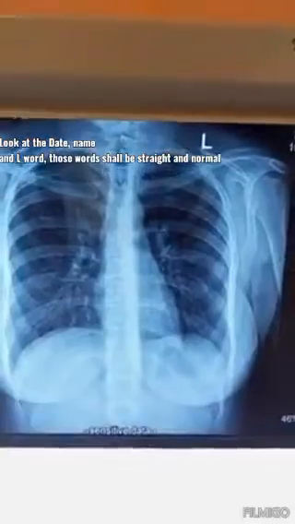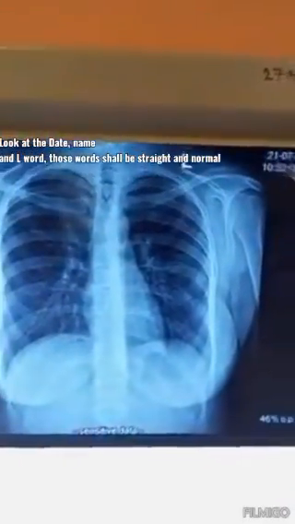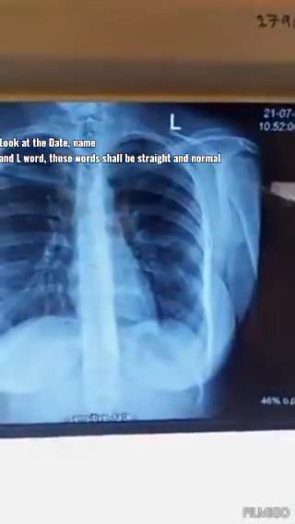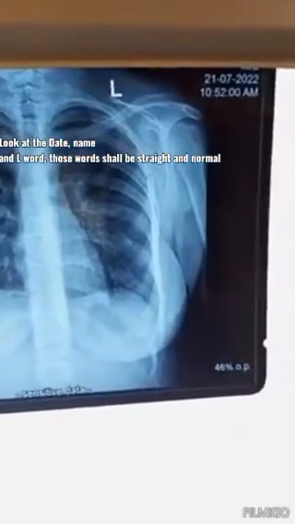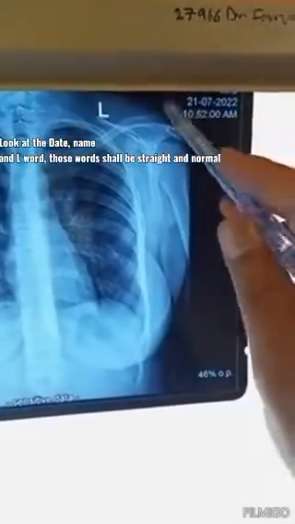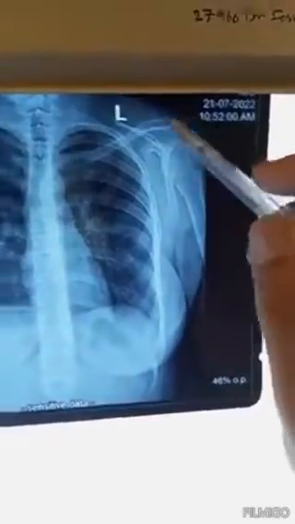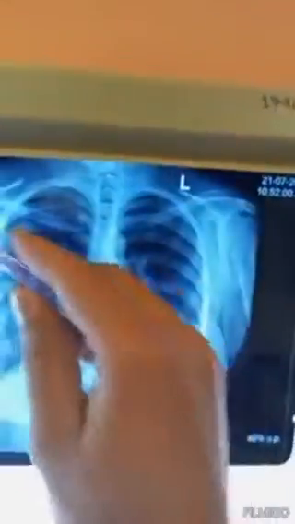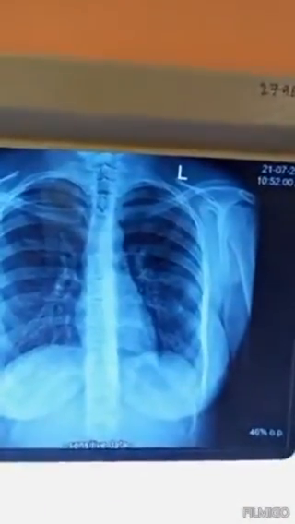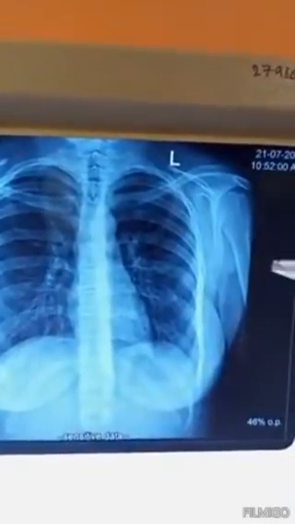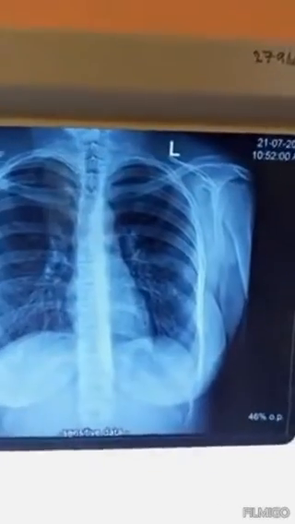So look at these words, put it in a correct manner. Once these are upward and the right way round, it demonstrates that this chest x-ray has been placed correctly.